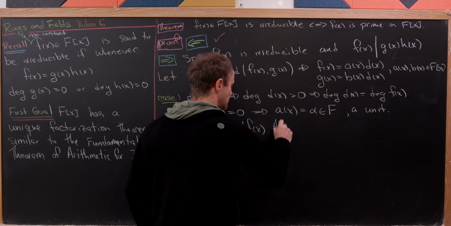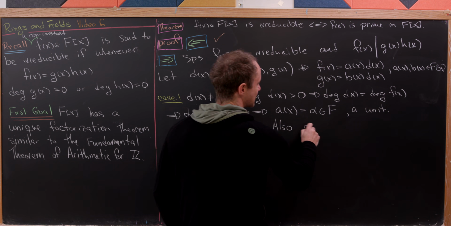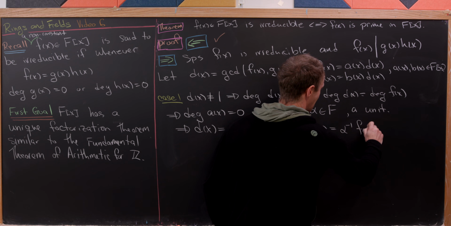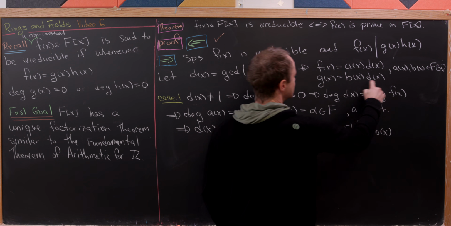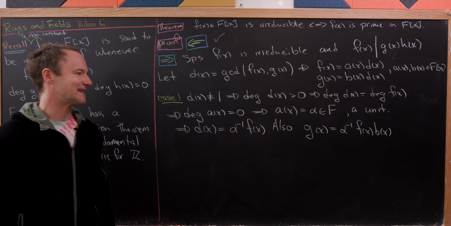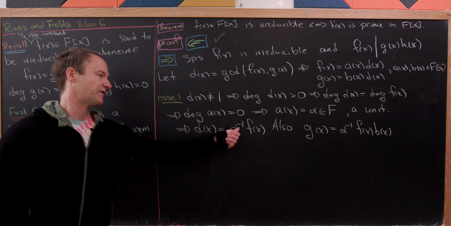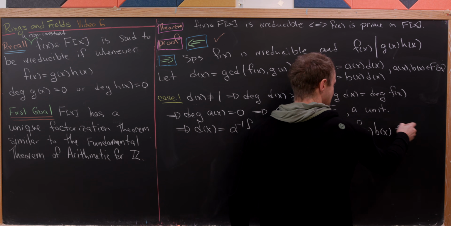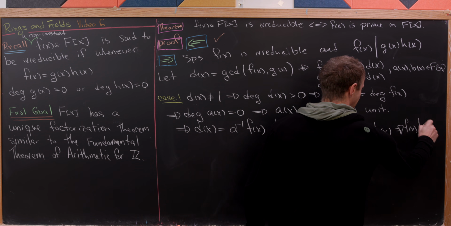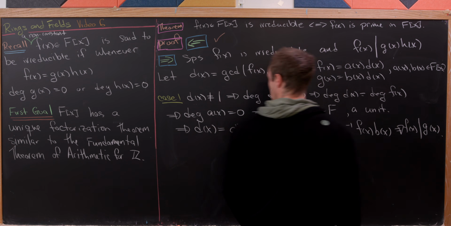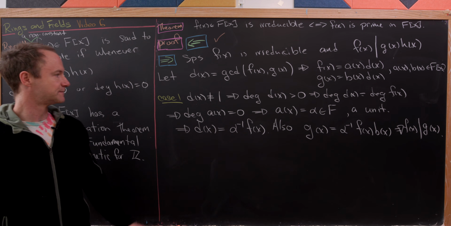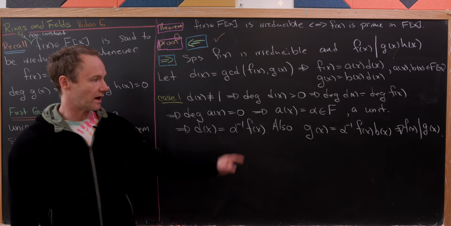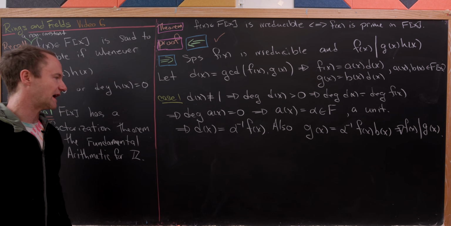Now let's also note that means that we can write g of x as alpha inverse times f of x times b of x, simply replacing that d of x with alpha inverse times f of x. But observe here, that tells us that f of x divides g of x. And that's the end of this case. So if d of x is not equal to 1, then f of x divides g of x.